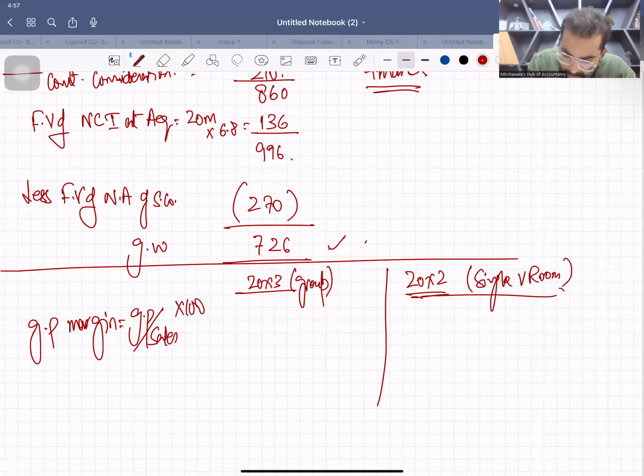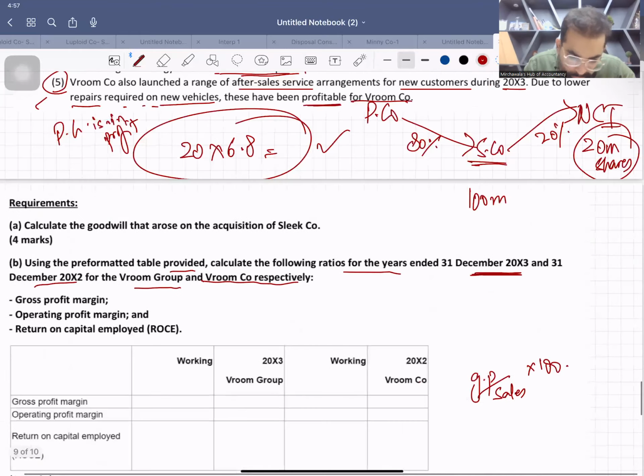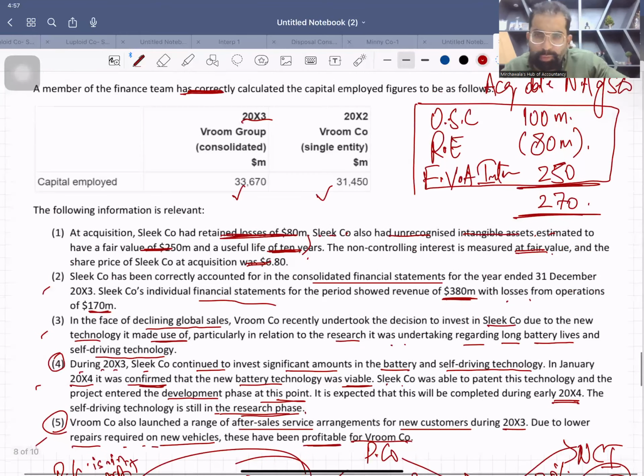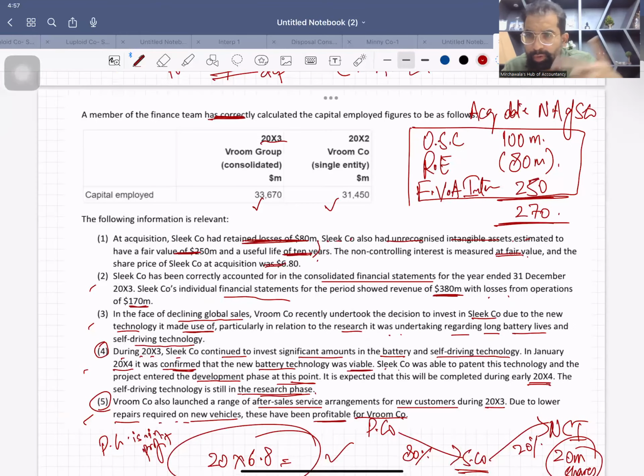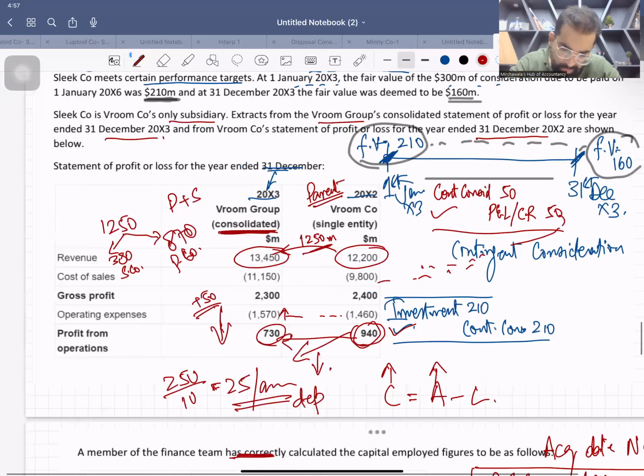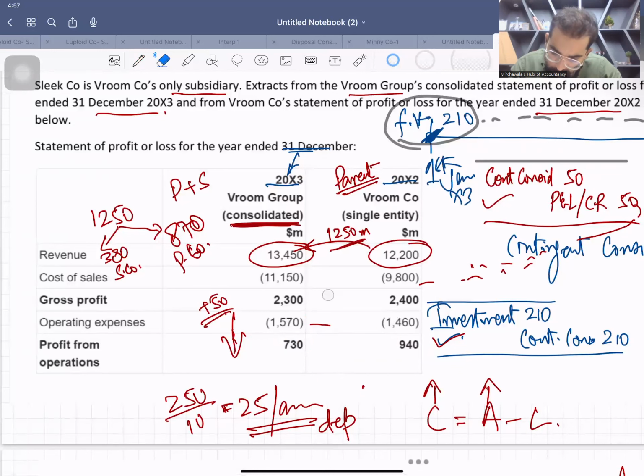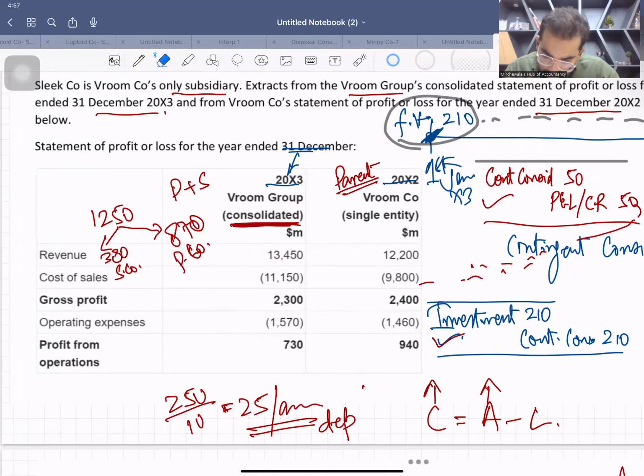So what is your GP? You can take a picture of the question if you want, because I have to move the screen. The GP is 2300 divided by 13450.